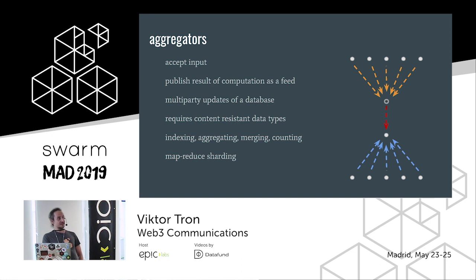The generic formulation of that is that obviously they need conflict-resistant data types, so that there's no consensus problem on updating a data structure, and therefore they can do simple things like indexing, aggregating, merging like timestamp indexes, or counting, and they can also be used in successive iterations to do some map-reduce operations, etc. So these are quite powerful constructs, and they could in principle be used now, because if you program the application logic, it's using basically the same lower level infrastructure as we have.